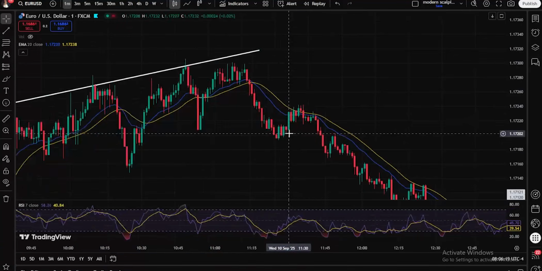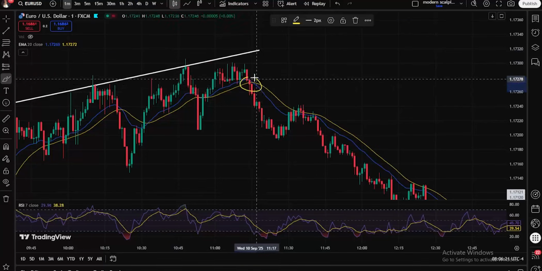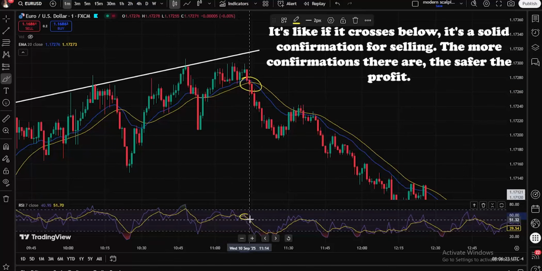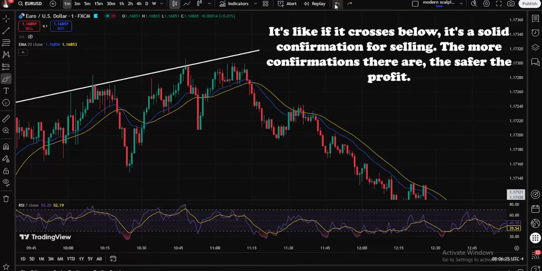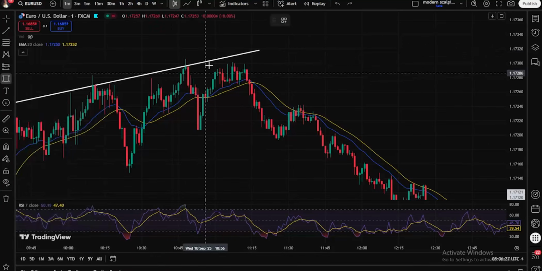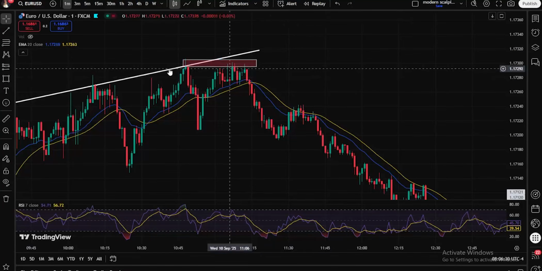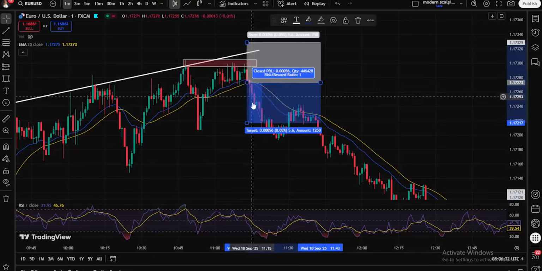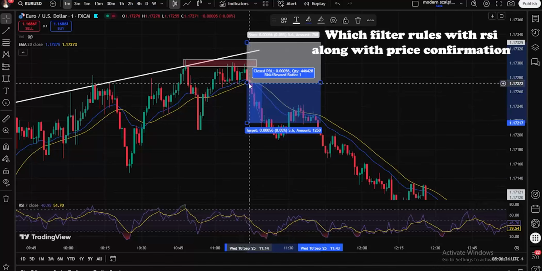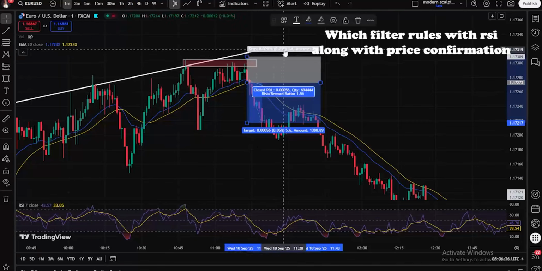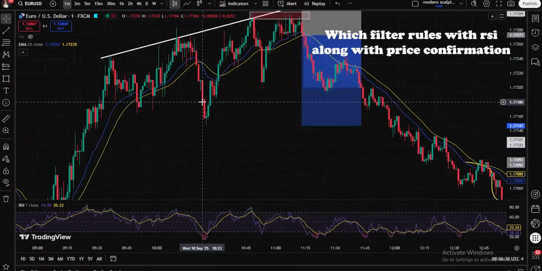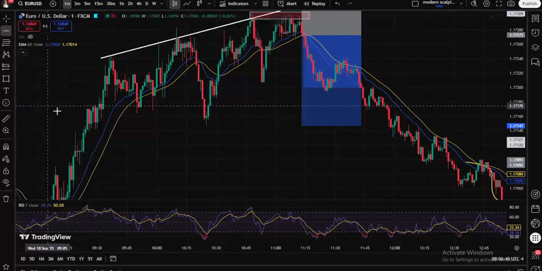For example, imagine that the EMA 10 is crossing the EMA 20 from below. This is a bullish signal. Now, if the RSI is also moving up from below 30, it is very likely that the price is ready to move up. This is where the RSI plays the role of a filter and gives a confirmation signal.